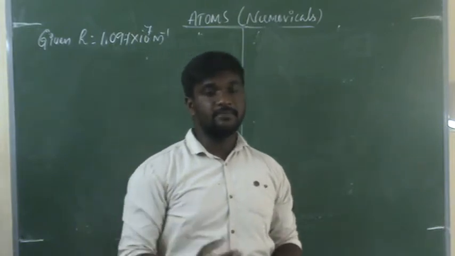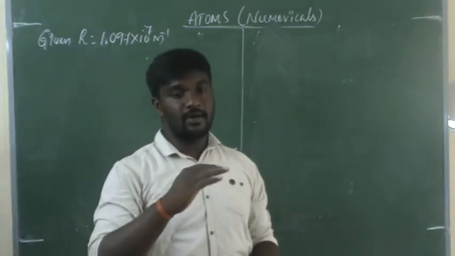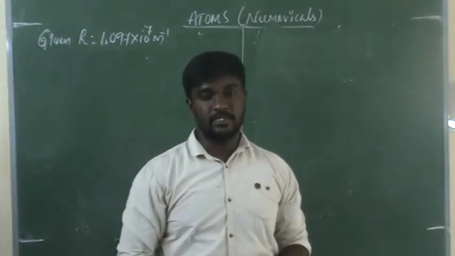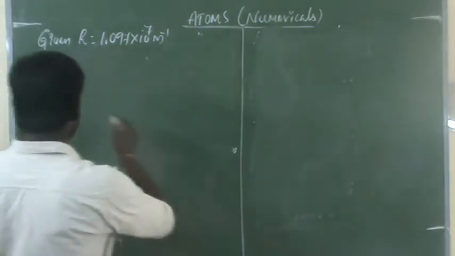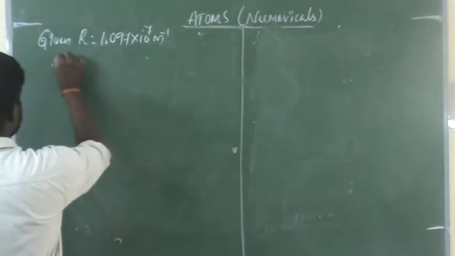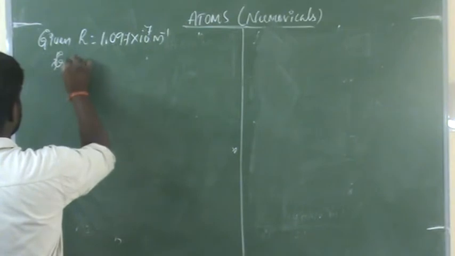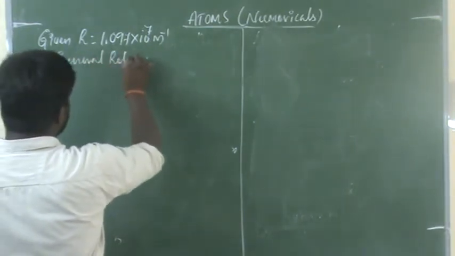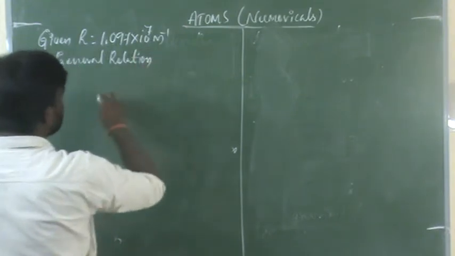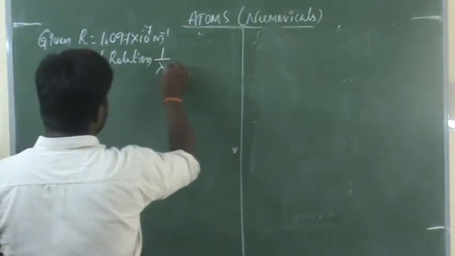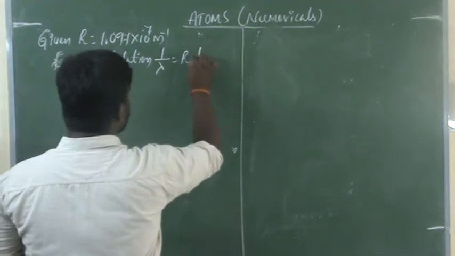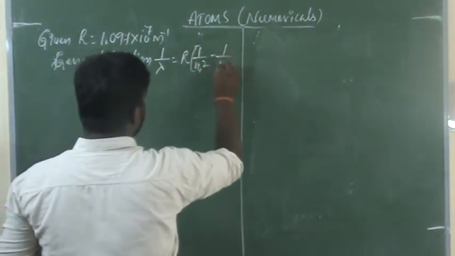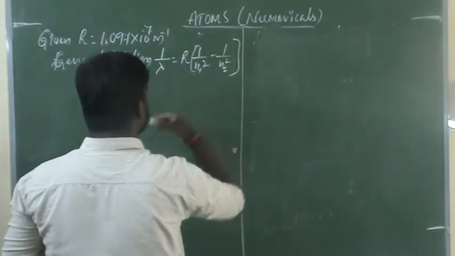Lyman series means it is the ground level, electrons transition from higher orbits to the ground state. So the general relation is one over lambda equals R into 1 by n1 square minus 1 by n2 square.